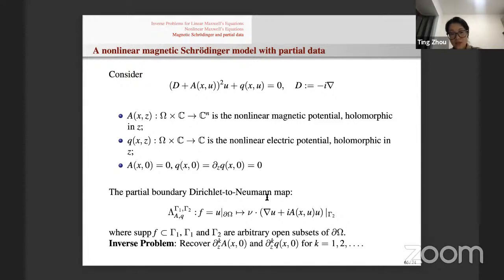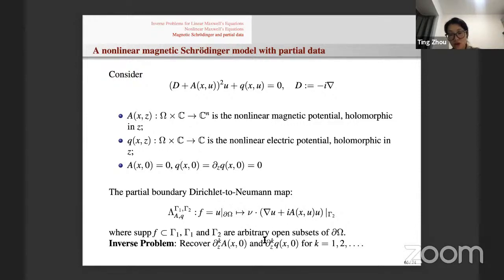So the partial boundary DN map defined here for this nonlinear magnetic Schrodinger equation again maps the Dirichlet data to the Neumann data, where the Dirichlet data is supported on part of the boundary Gamma 1, and this Neumann boundary condition is supported on Gamma 2.